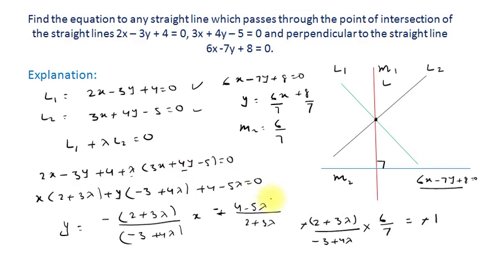So we can write 6 into (2 plus 3 lambda) is equal to 7 into (4 lambda minus 3). See here, in this slide we have (2 plus 3 lambda) into 6 is equal to 7 into (4 lambda minus 3).